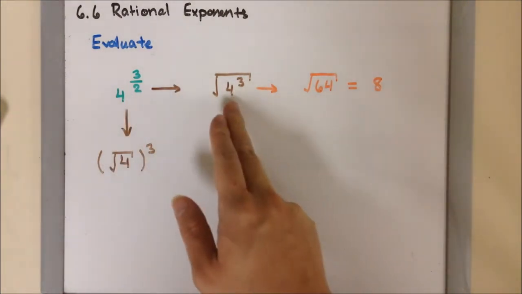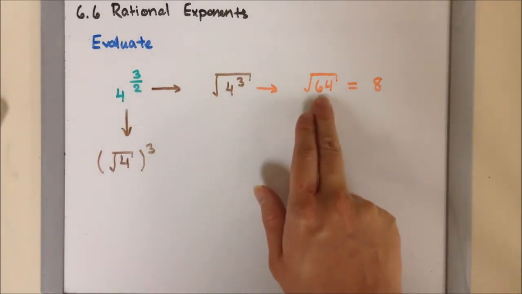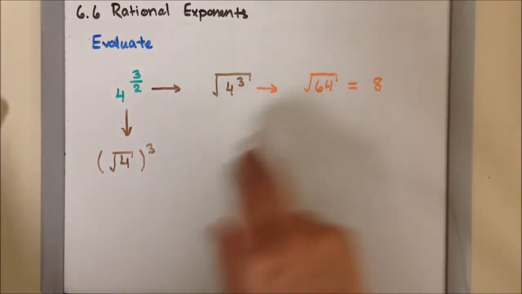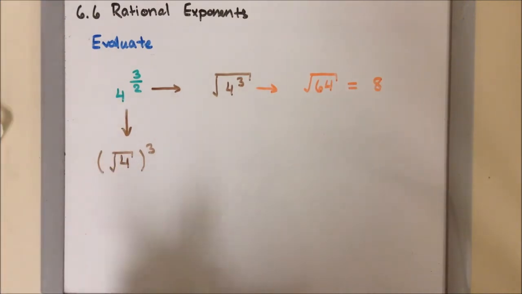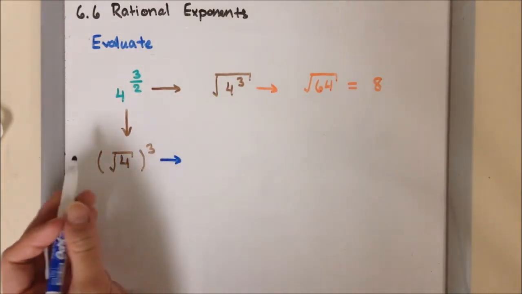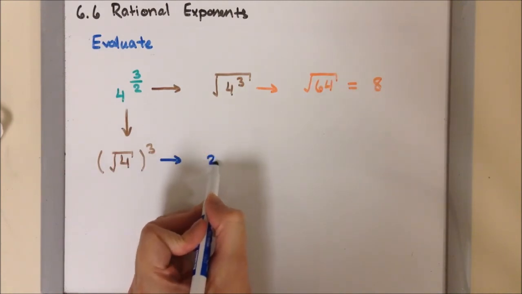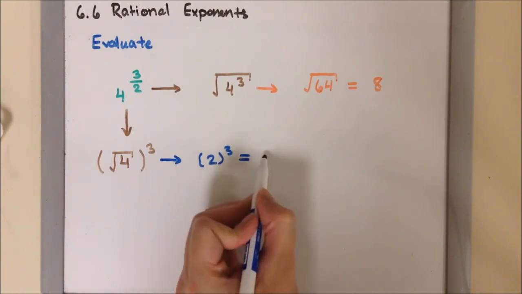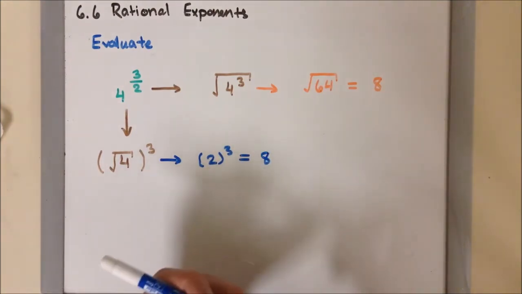In this case, 4 to the 3rd became 64, and then I did the square root of it, which is 8. Now the second form is that you do the square root first, which is 2, and then you raise it to the 3rd power, which will become also 8.